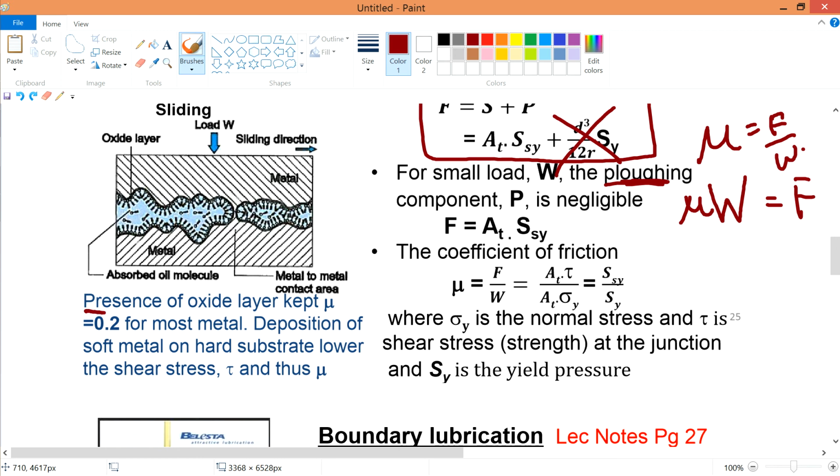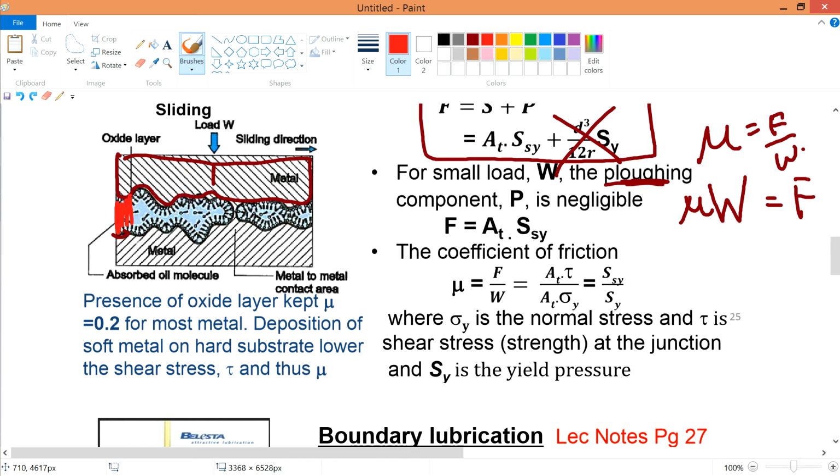And you just need to know that the presence of the oxide layer kept the coefficient of friction at 0.2 for most metals. If you remember, this is the particular surface, this is the material one, and this is the softer one, maybe I should say in another color, another material. When you slide, there is a load W. When you slide this over here, the interface between them will cause certain micro welds, which we have said just now, in the previous video.